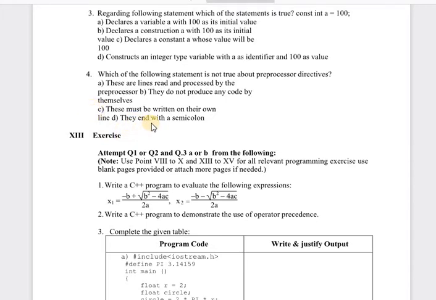The last one is they end with a semicolon. See here, a preprocessor directive, that is include iostream.h, hash define, has no semicolon. So this is the correct answer. They end with a semicolon is not true because they don't require any semicolon. So the answer of the fourth question is D. So these are the answers of these 4 questions.